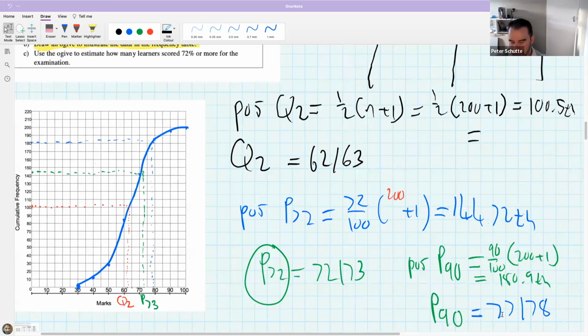Now, what's interesting about that is what it's saying. It's saying 10% of students got above 77 or 78, and 90% of students got below it, which is quite an advanced idea, but I think you guys are getting it quite well at the moment, which I'm very impressed with. So the 90th percentile is the value 77 or 78 for this accounting exam.